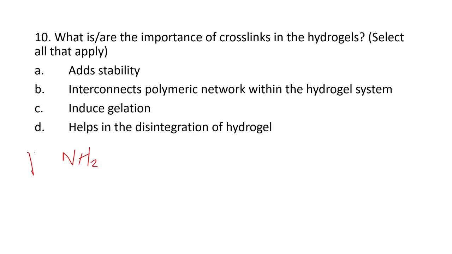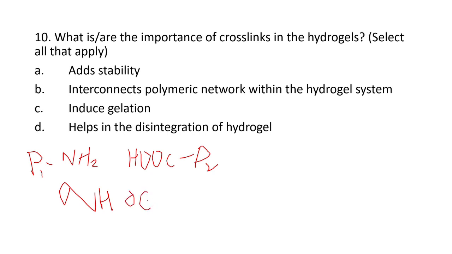take this P1 as polymer 1, and it is having an amine functional group, and take this P2 as polymer 2, and it is having an acid functional group. So these two are functional groups that have the potential to react and form a bond, NHCO bond.